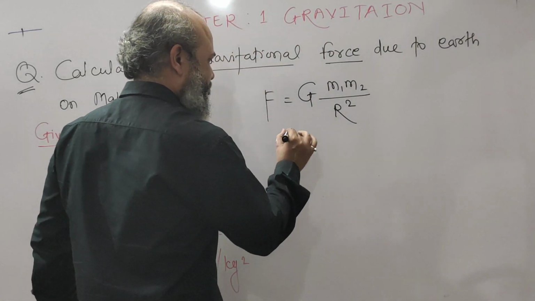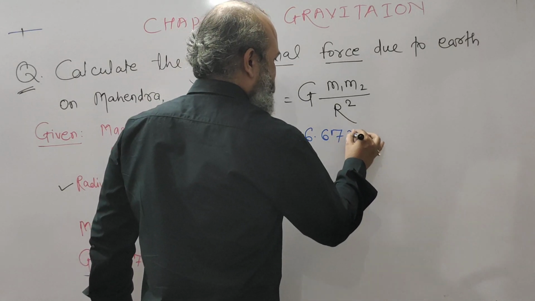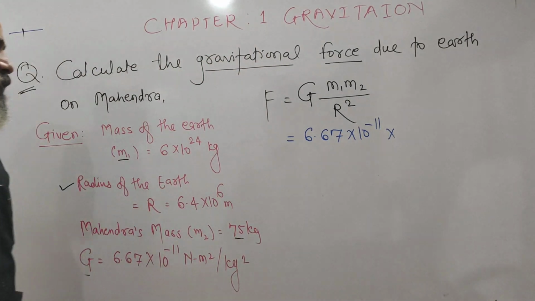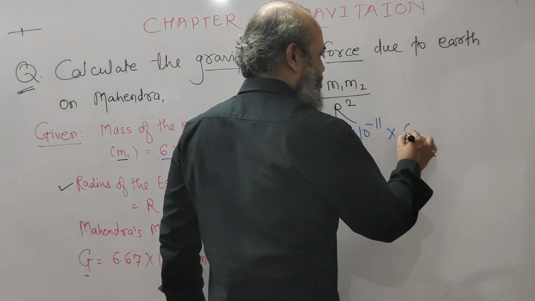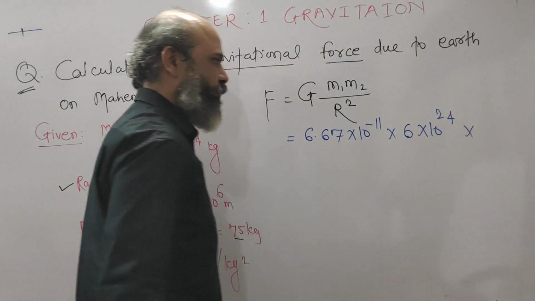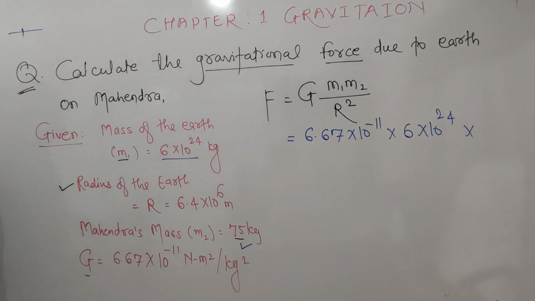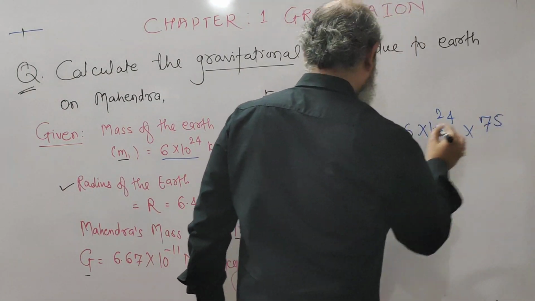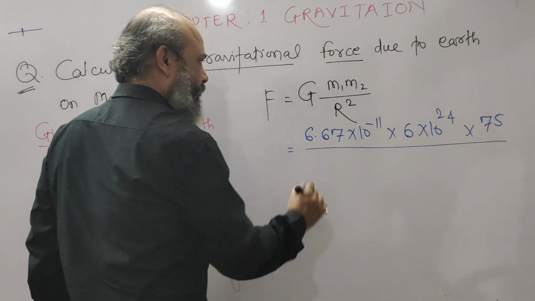Now what is G here? G is 6.67 into 10 raised to minus 11 into what is m1? m1 is 6 into 10 raised to 24 kg into what is m2? m2 is 75 kg, divided by r square.